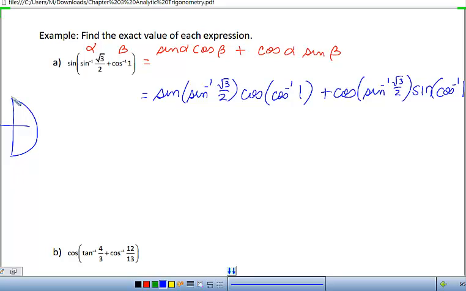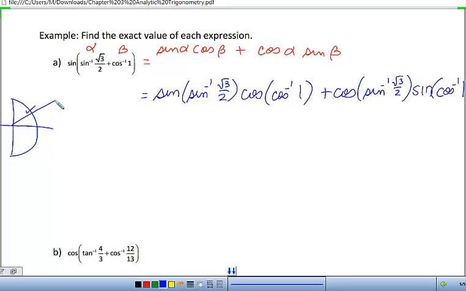If we're talking about sine inverse of root 3 over 2, we know we're going to be in the first quadrant because that's where we would get the positive values for the sine function. And so just thinking backwards, if you know it is the pi over 3 angle, then you can draw the picture. We could still draw the picture if we needed to.